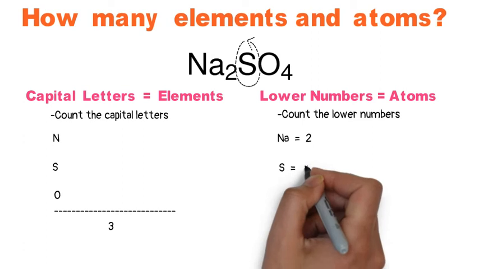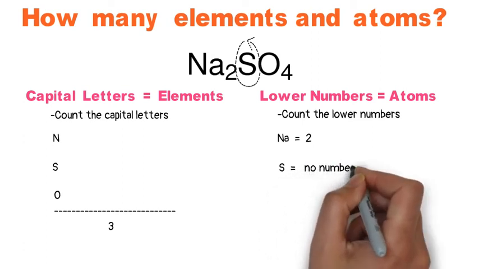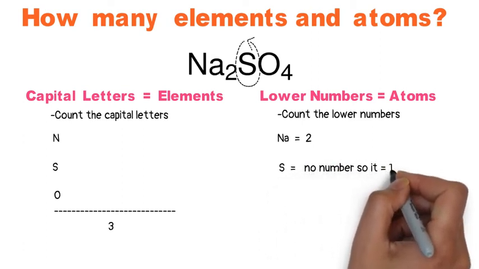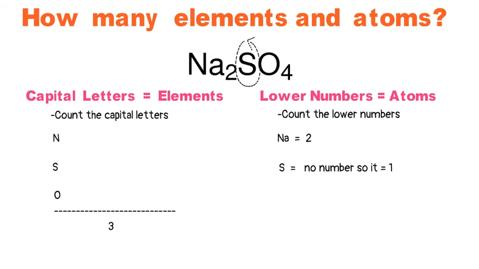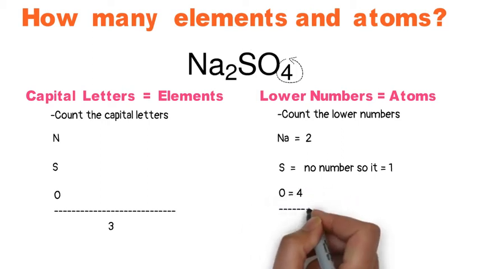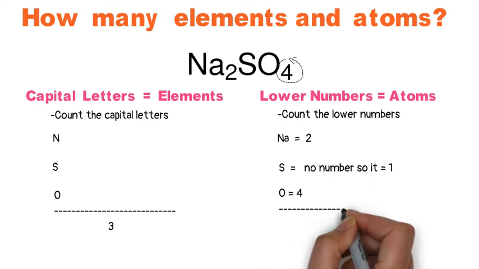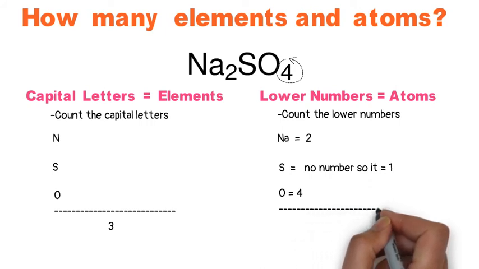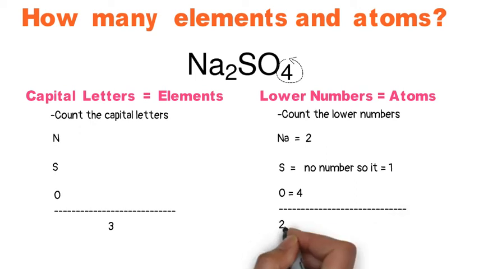If there is no number, we will put 1. So we have 1 atom of sulfur. While the oxygen here has number 4 beside it, so we have 4 oxygen atoms. So the total number of atoms here, 2 plus 1 plus 4 equals 7. So we have 3 elements, 7 atoms.